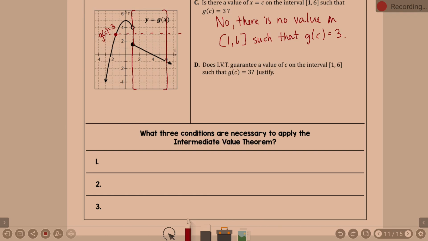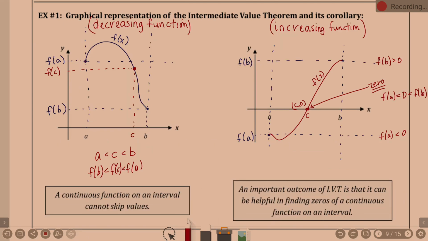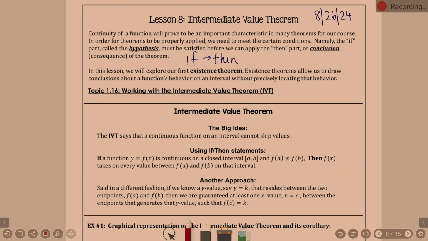But there's another piece that we have to look at. We have to look at continuous and it takes on every value between f of a and f of b. Let's look at what f of a and f of b are.